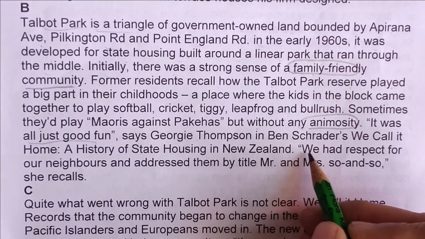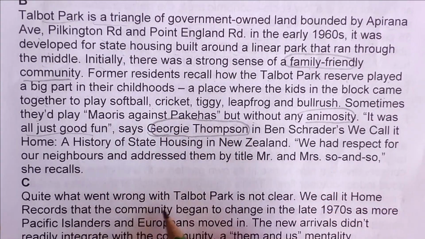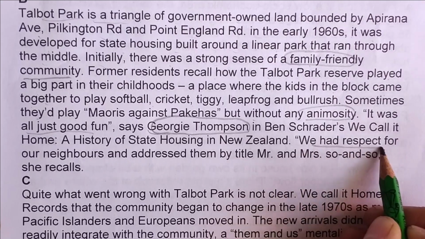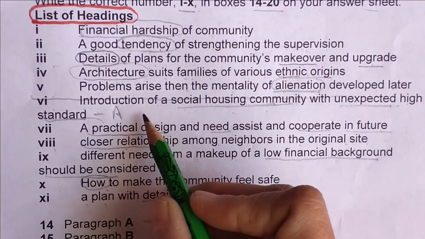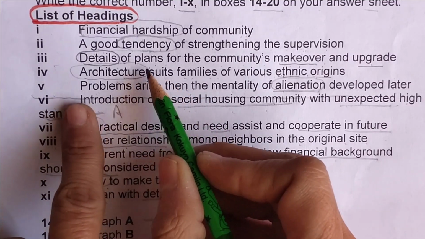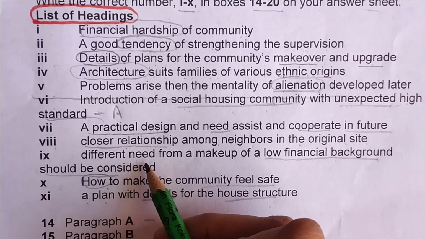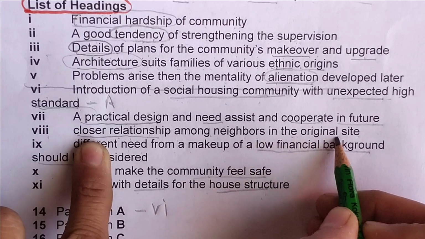without animosity. It was all just good fun. So okay, so here says George Thompson, this person's name is also here. So we had respect for our neighbors. So by this we can match it somewhere. They were talking about neighbors. Yes, here close relationship among neighbors in the original sites.